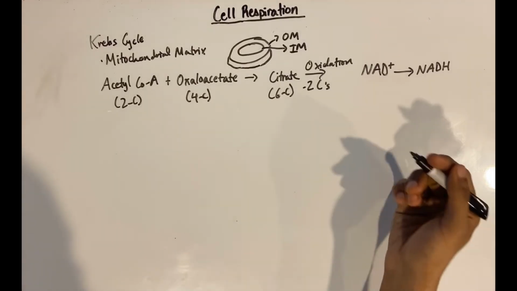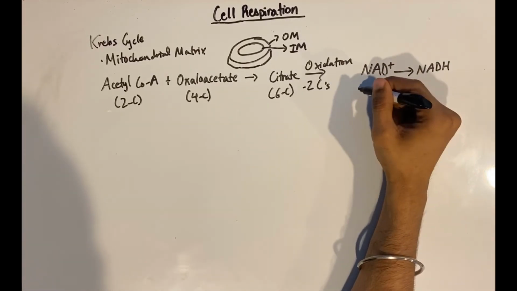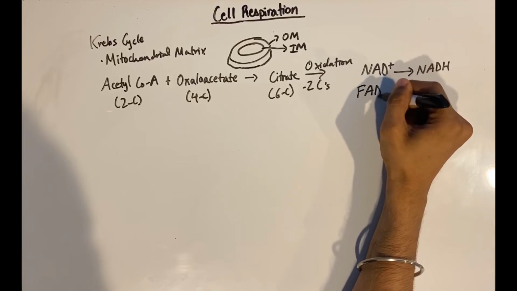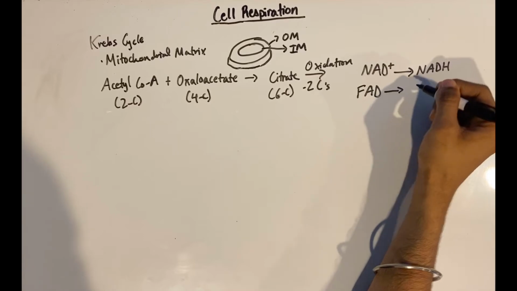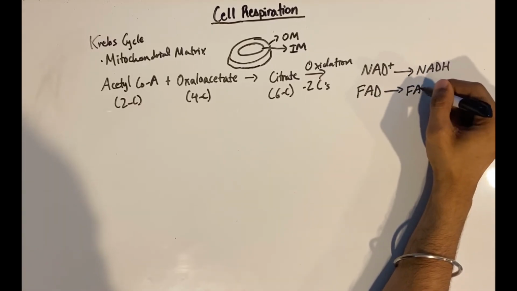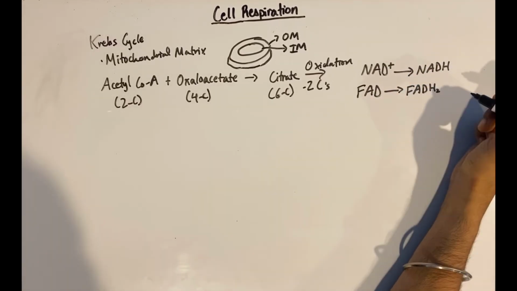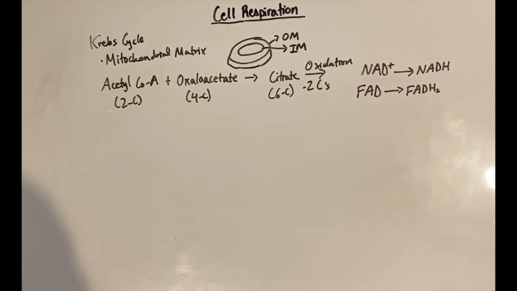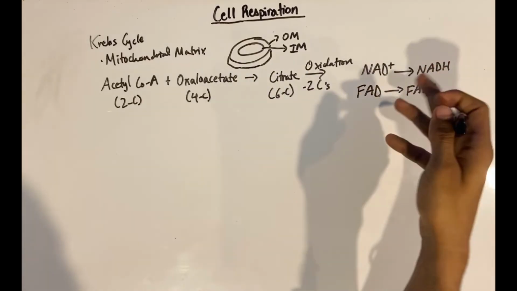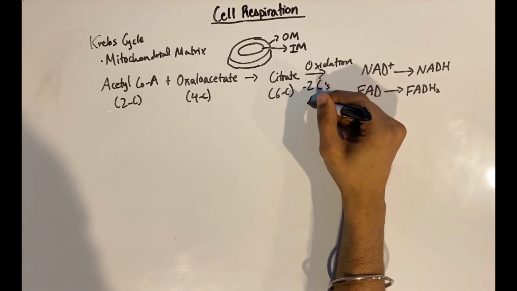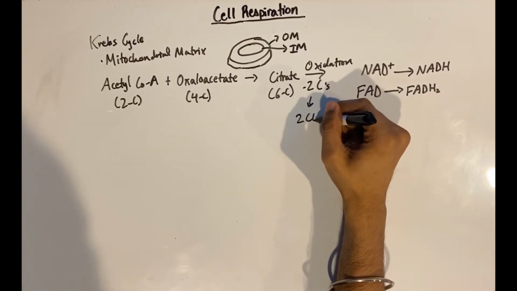Similarly, there is another type of electron carrier that we now find out about. It's called FAD. And it also attaches to a few electrons, and it's reduced to FADH2. Through oxidation, these 2 carbons that leave the citrate end up forming 2 more molecules of CO2.